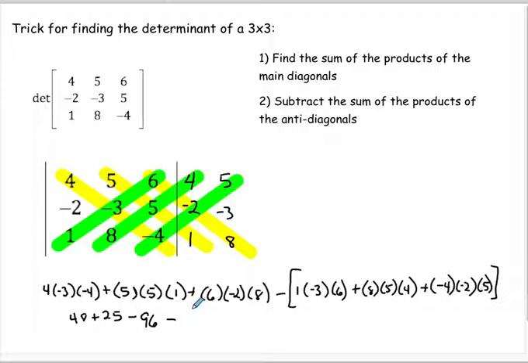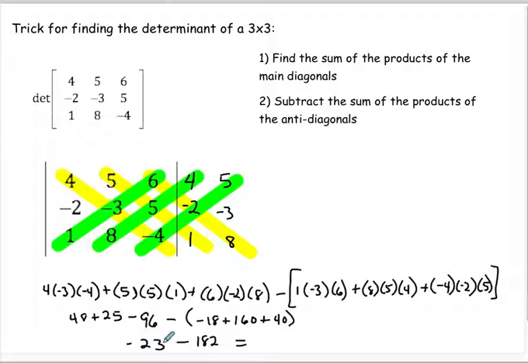And then from that I'm going to subtract -18, -3 times 6 is -18, plus 160, plus -4 times -2 is positive 8 times 5 is 40. So that's 200 minus 18, or 182, which is being subtracted from -23.